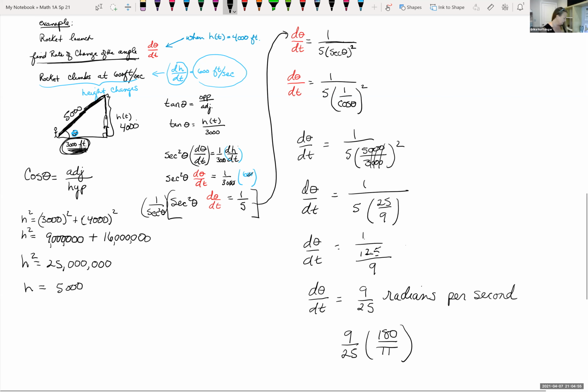So we can plug that in. 9 times 180 is going to give us 1,620 all over 25 pi, and this is going to be approximately 20.6 degrees per second.